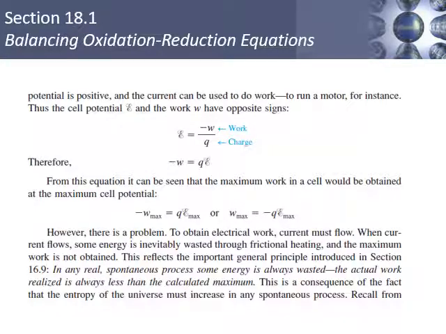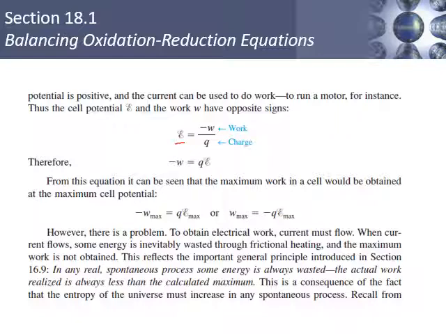So E, or voltage, here would be minus the work over the charge. Again, if you have trouble remembering this, just remember our definition. For voltage, it's joules per coulomb, which in this case we're going to call work instead of energy. And then it's per coulomb, and coulomb is a measure of charge.